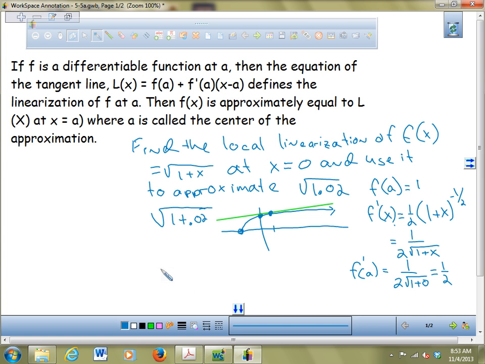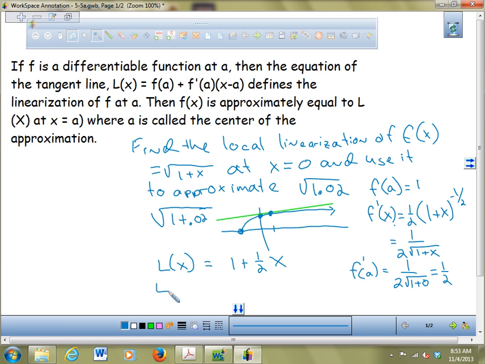So what I get is L of x, which is the linearization at some point, equal to f of a, which is 1, plus 1/2 times (x minus a). What's x minus a if a is 0? What's x minus 0? x, right?